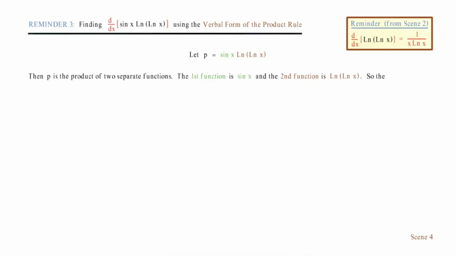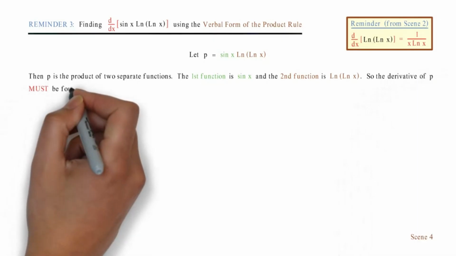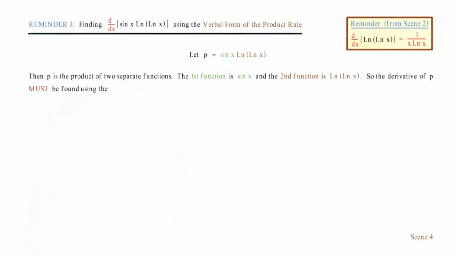So the derivative of P must be found using the product rule.